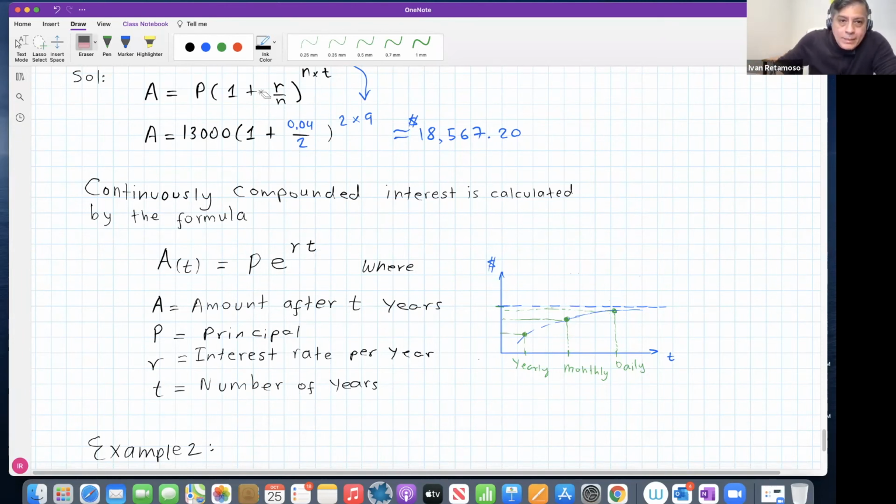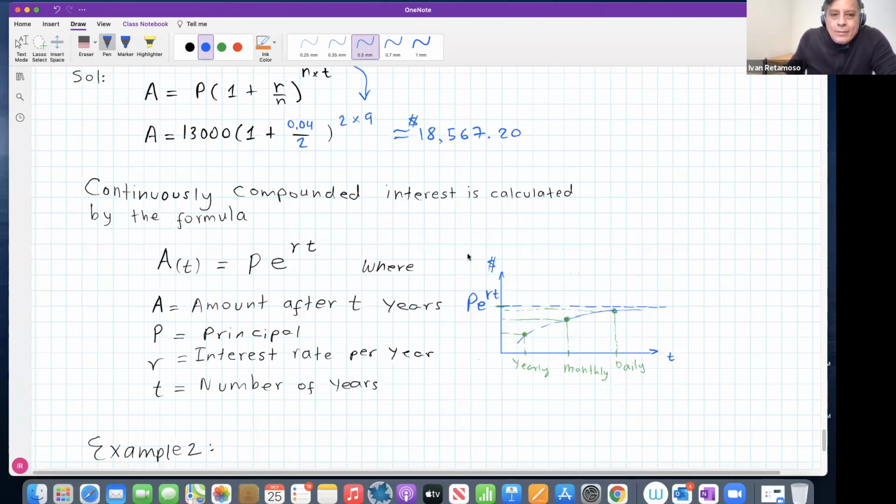So this P e raised to RT is the highest amount of money you can get as a return, right? And in theory, it corresponds to the case when you calculate your interest compounded every instant, right? Think of every second, perhaps that might help, right? But in theory, it's really every instant.